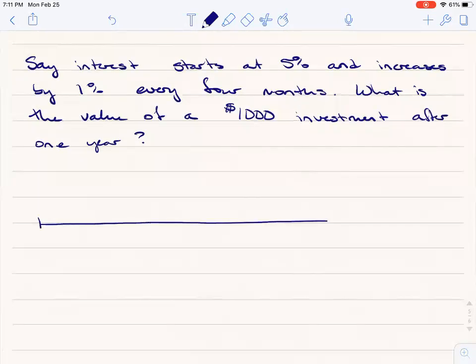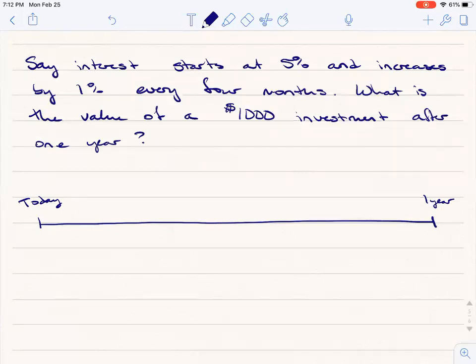So we start making our timeline, start point, end point. We'll start today, and the end point is a year from today. Then we'll have tick marks every 4 months. How many tick marks are we going to have?